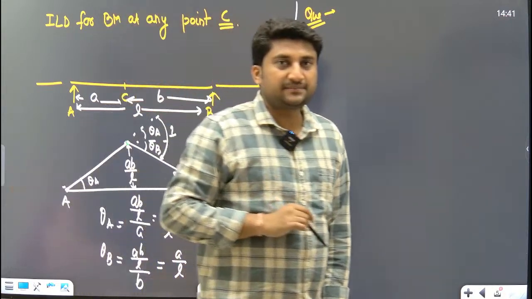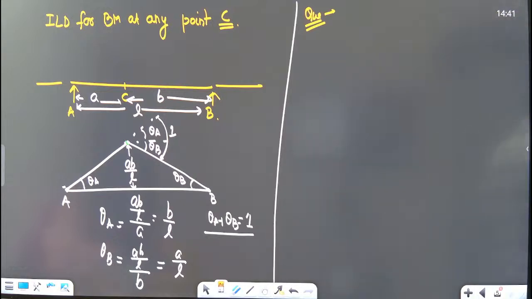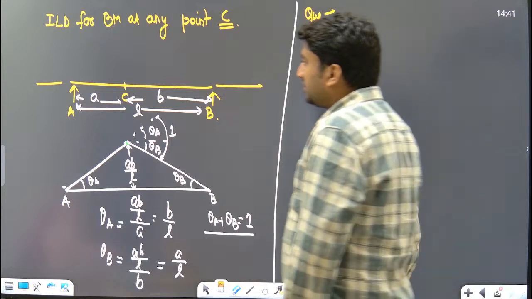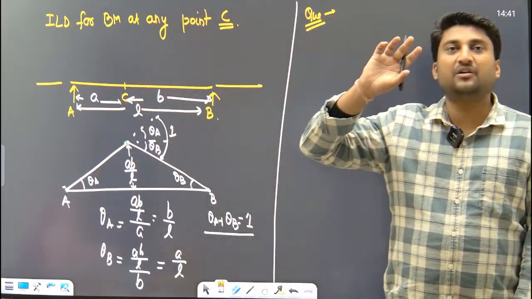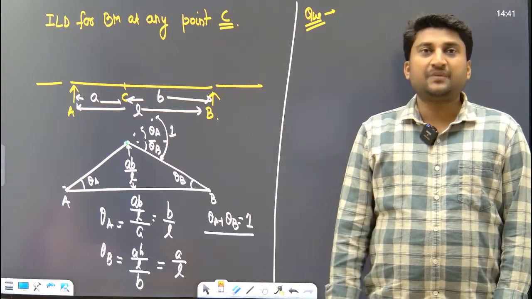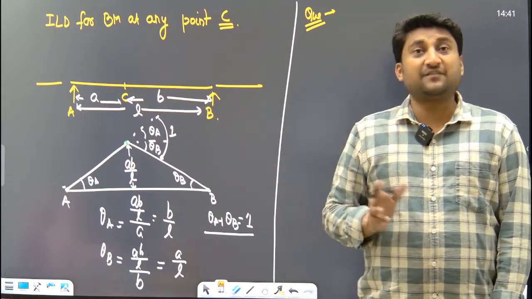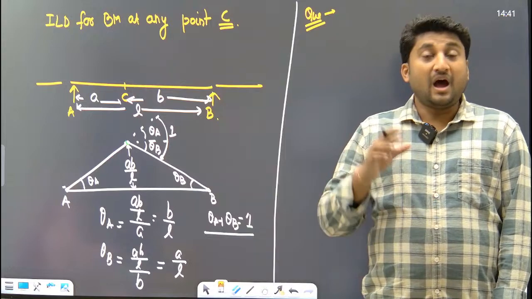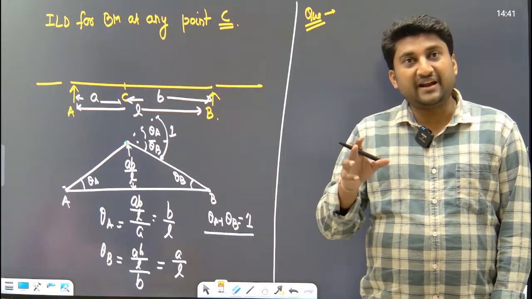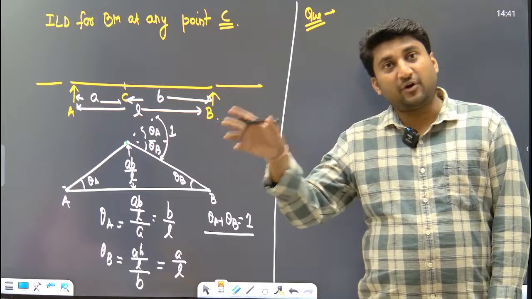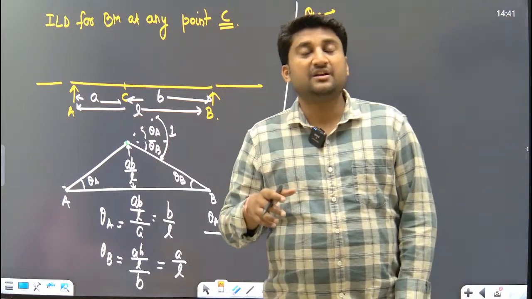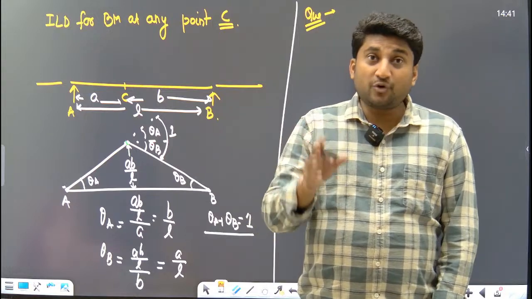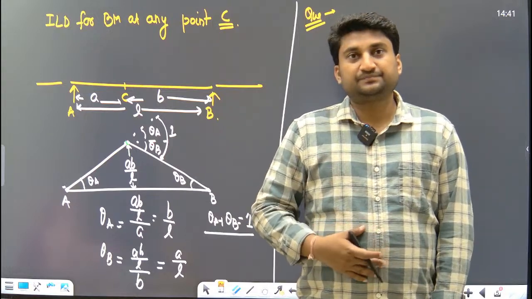So in today's class, we'll see one question on this. Tomorrow, in tomorrow's class, we will see how to draw the influence line diagram for cantilever beam, including the bending moment, and then how to draw the reactions and forces in the members of the truss.